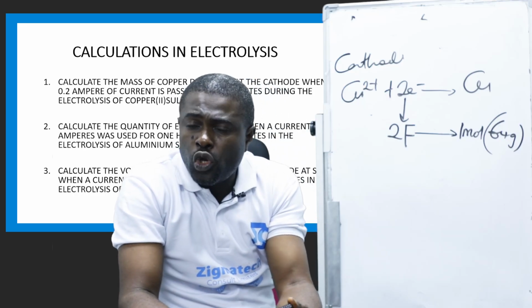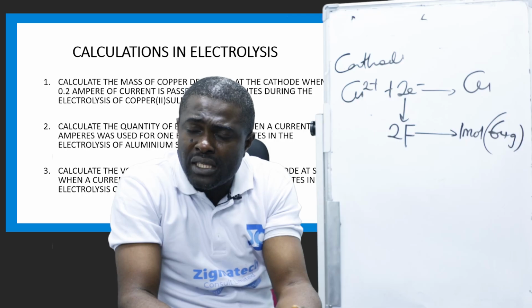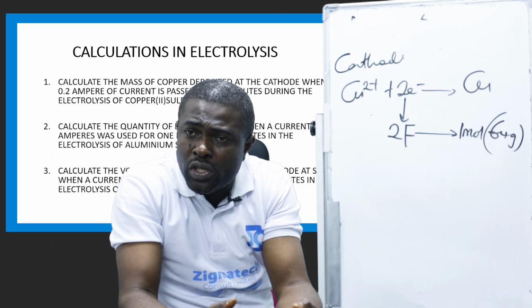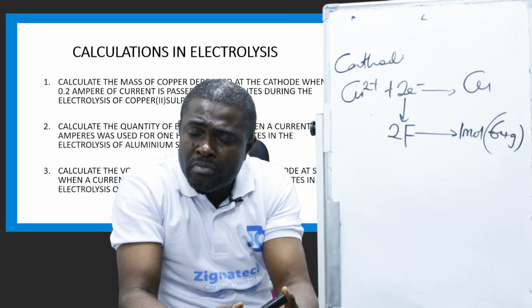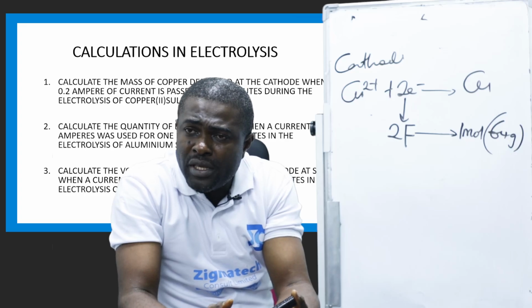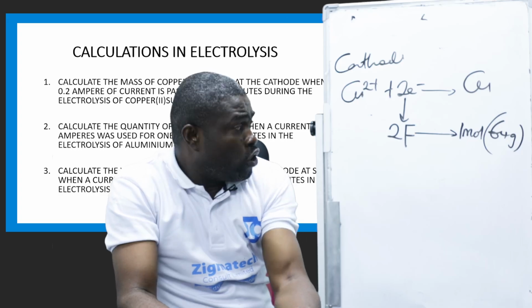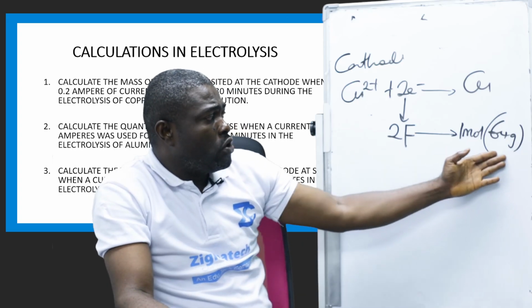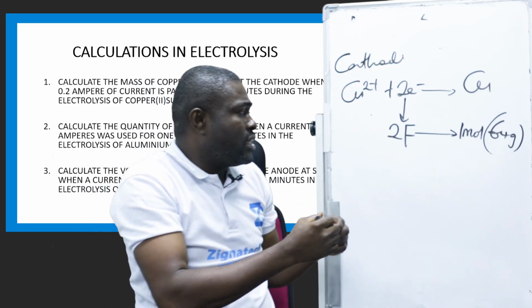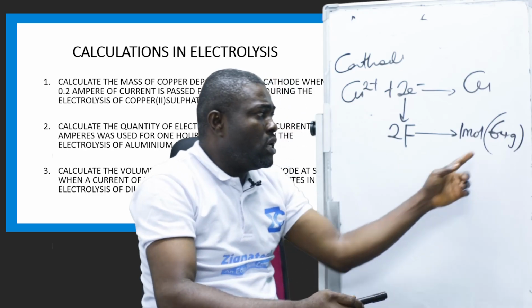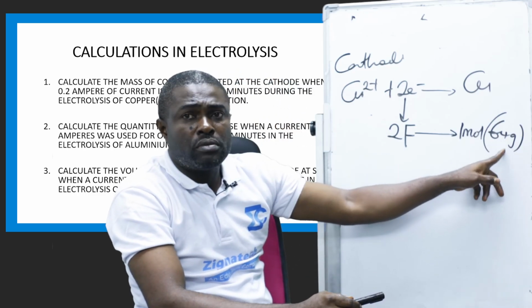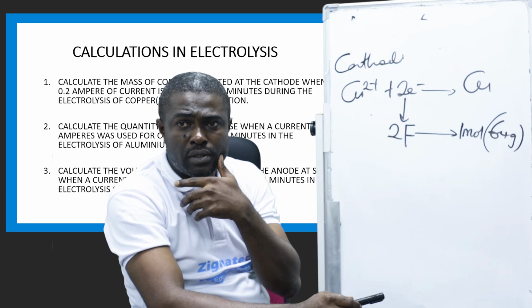So 1 mole of copper is equal to 64 grams. From here, you have established the fact that 2 Faraday will give us 64 grams of copper.